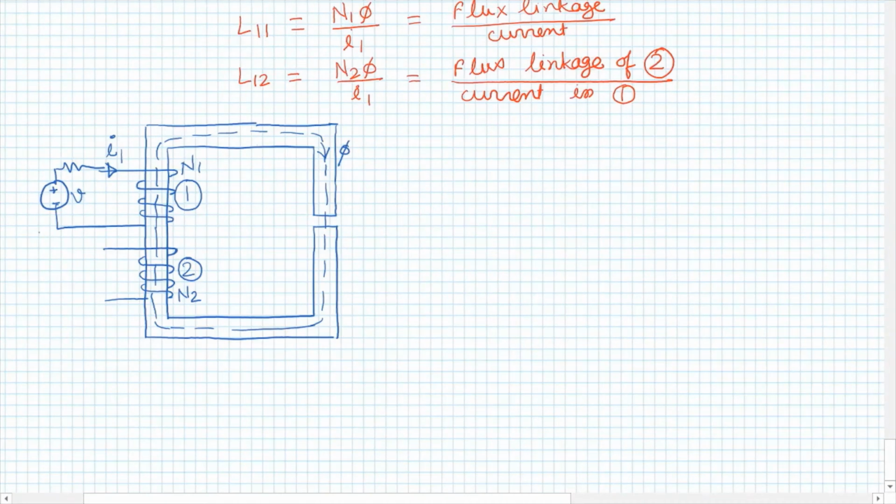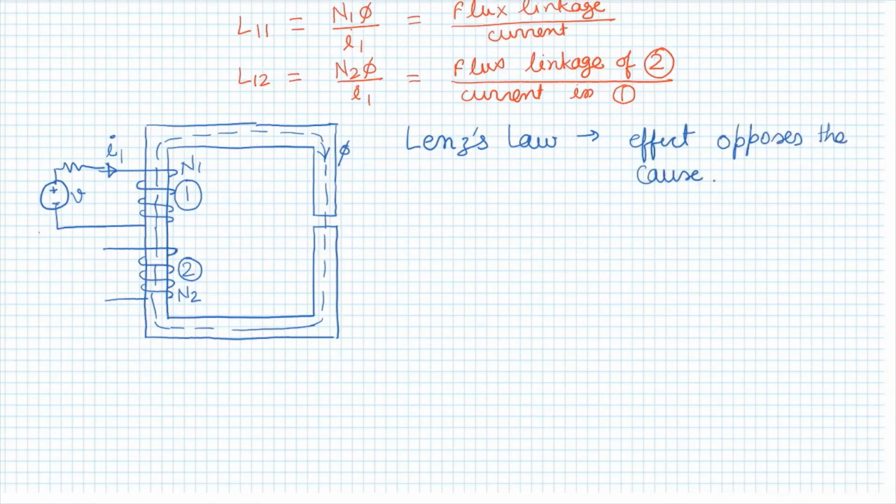After discussing the induced EMF magnitude, let us discuss the sign of the induced EMF. For this, we will use Lenz's law. Lenz's law says that the effect opposes the cause. The effect is the induced EMF and the cause is the change in flux.